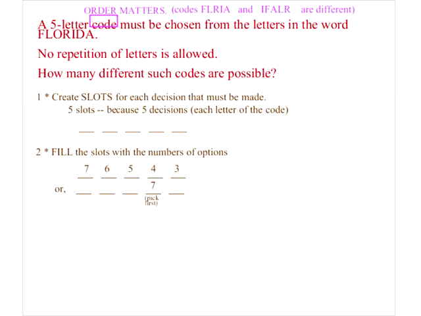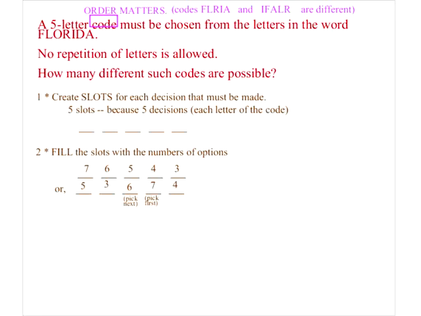And then if I wanted to, I could pick the 3rd letter next. Then I could pick the following letters in any order I want. I could pick the first letter, then the last letter, then the second letter.